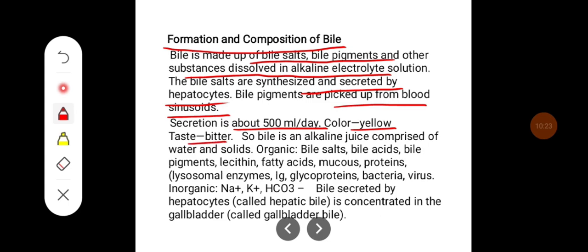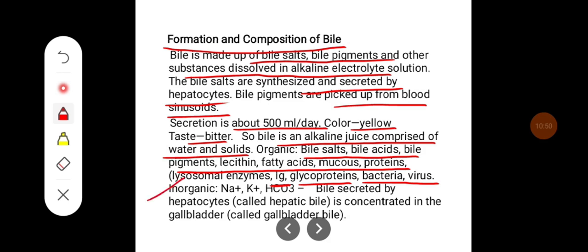It tastes bitter. So, the bile is an alkaline juice comprised of water and solids. The organic components are mainly bile salts, bile acids, bile pigments, lecithin, fatty acids, mucus, proteins, and the lysosomal enzymes, immunoglobulins, glycoproteins, sometimes bacteria or virus.